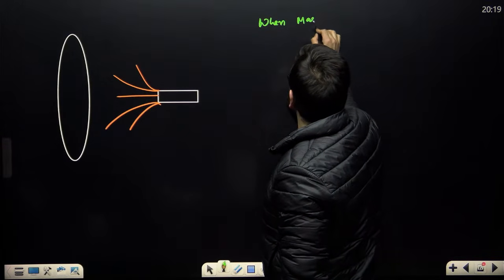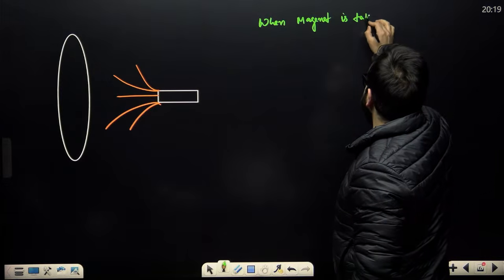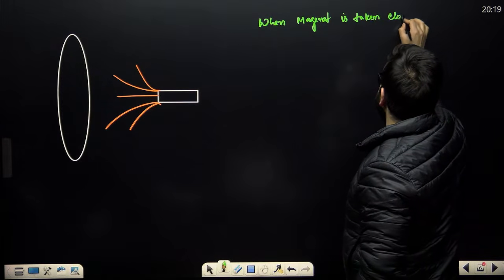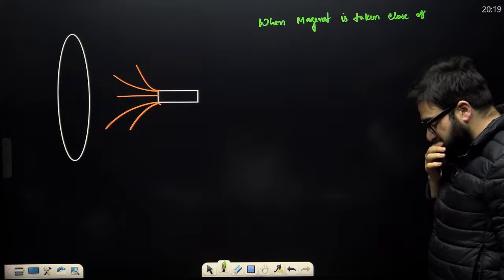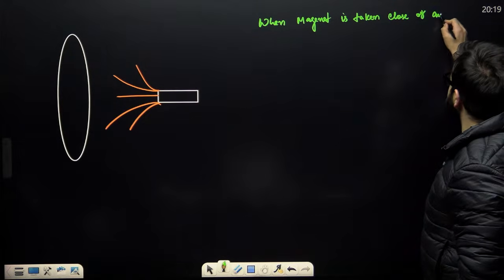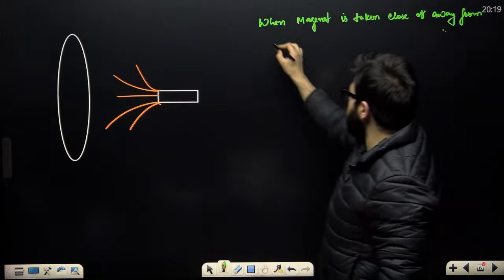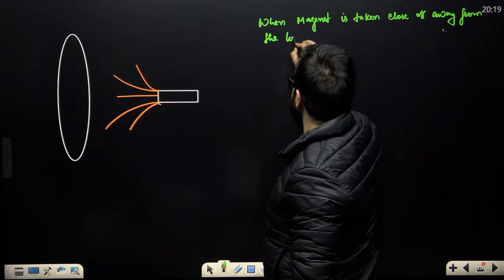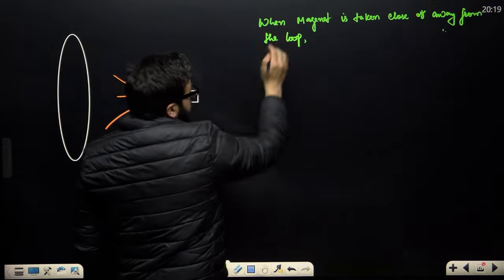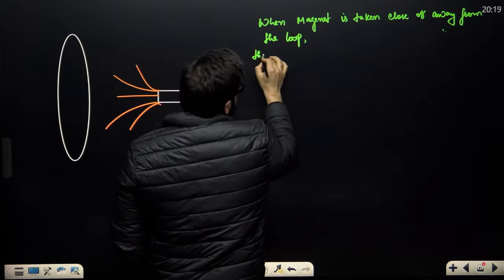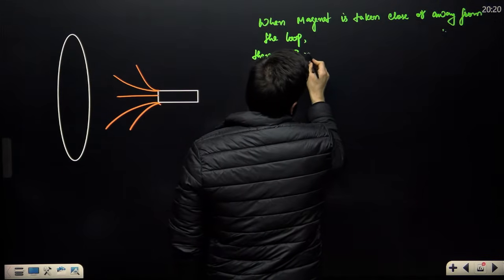When the magnet is taken close or away from the loop, in that particular case, my dear NEET aspirants, I can say the magnetic field is going to change.